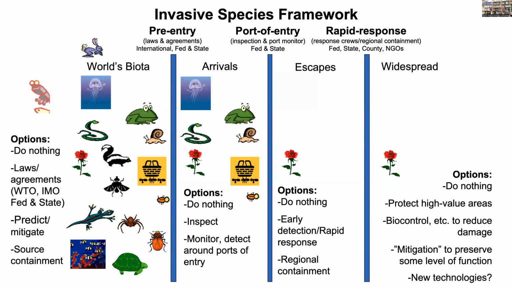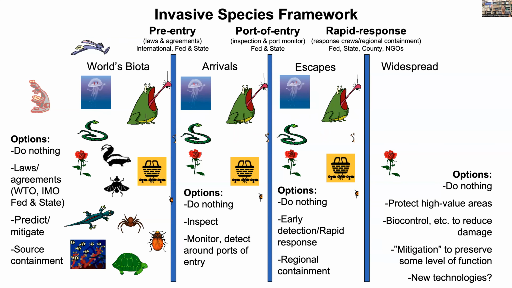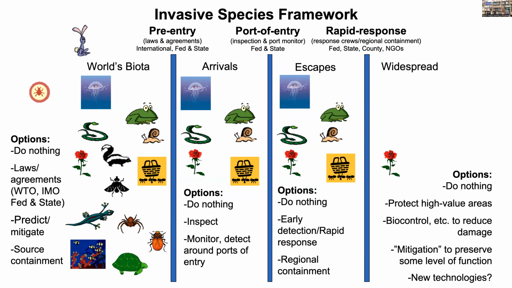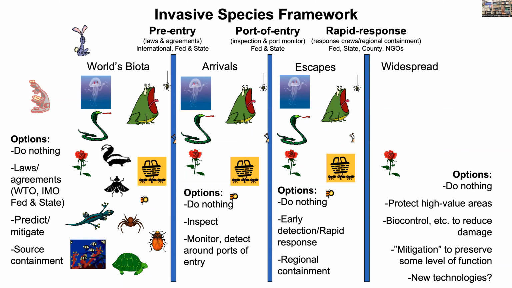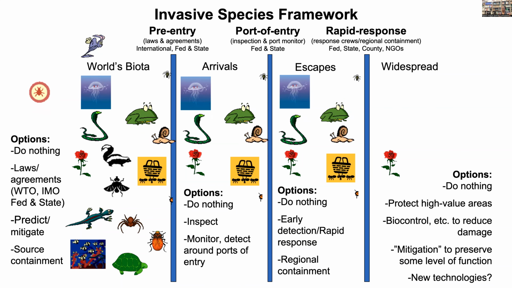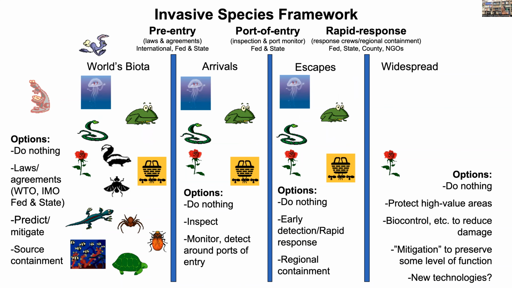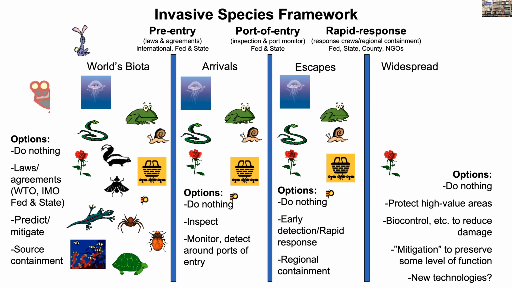When that doesn't work, then of course you have some escapes. And what are our systems there? Well, we need to try and do early detection, rapid response. This is where our invasive species committees come in, our state agencies, the Department of Ag has some capacity there. But we have this framework of stopgap measures that have been put in place.